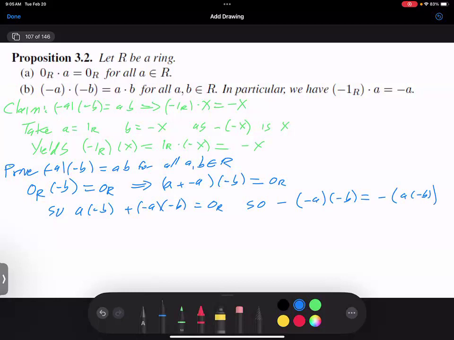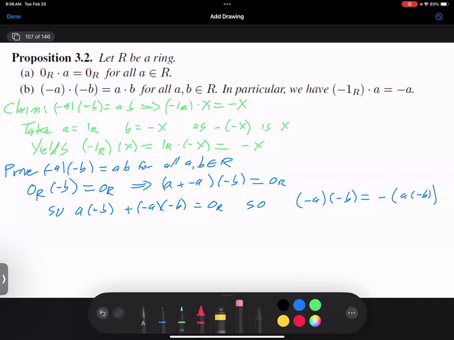We're trying to show negative A times negative B is just A times B. Did we make a mistake? Oh, sorry, there's not supposed to be a negative sign in front over here.